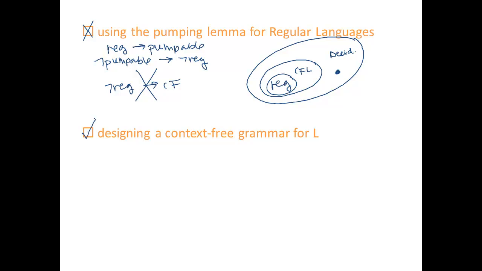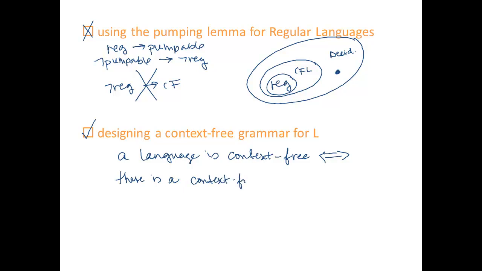This one does work. We have that a language is context-free if and only if there is a context-free grammar that generates the language.